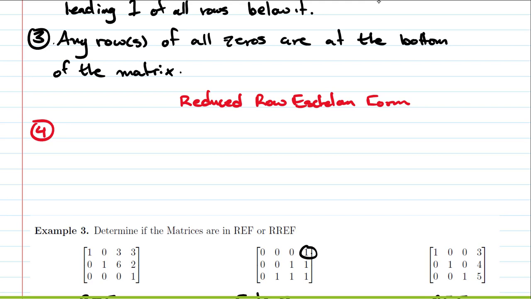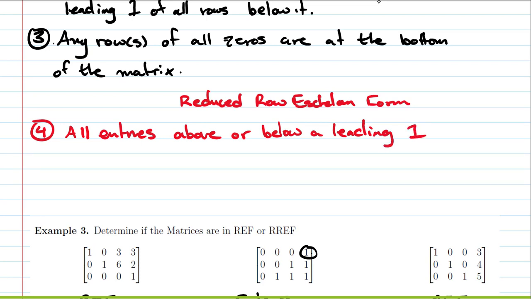So all the entries above or below a leading 1 are 0. So the difference between row echelon form and reduced row echelon form is any leading 1 has to have only zeros above and below it.